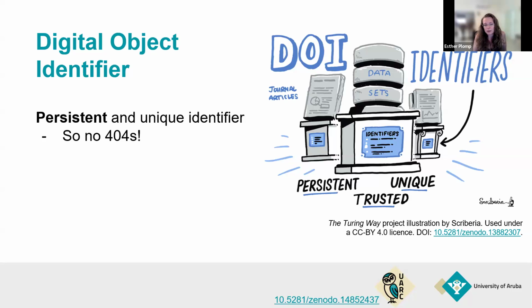So data sets, software, preprints, presentations like the one that I'm showing you now. That one actually has a persistent identifier at the bottom of the screen, where it also says Zenodo, because my presentation is on Zenodo. I will probably say DOI, or digital object identifier, a lot throughout the presentation, but this is what I'm referring to. These DOIs are persistent and unique, and they avoid these 404 pages on the web so that you can actually find whatever it is that you're looking for.